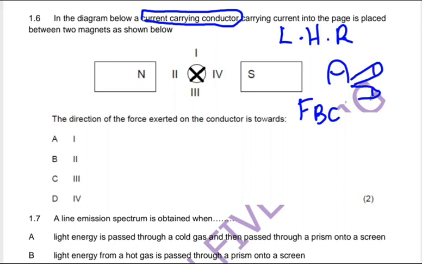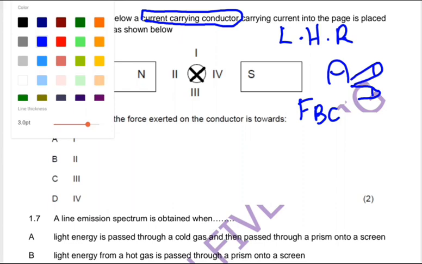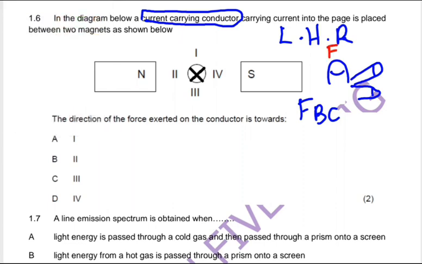So the force, the B field, C current. Now, we can always try by taking this finger first. This is where the field is.